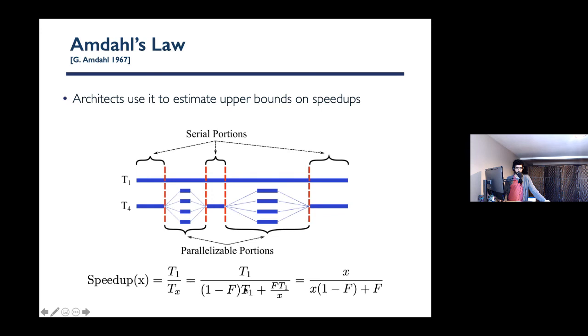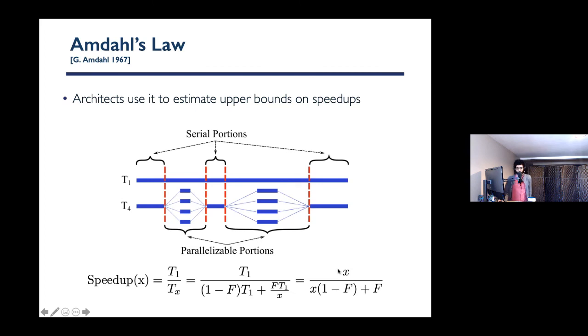The time is still T1 for the serial portion, nothing changes. For the parallelizable portion, which is f times T1, you divide that by x, the number of cores that you have. And now you can just cancel out T1 from the numerator and denominator, and you get this nice formula.